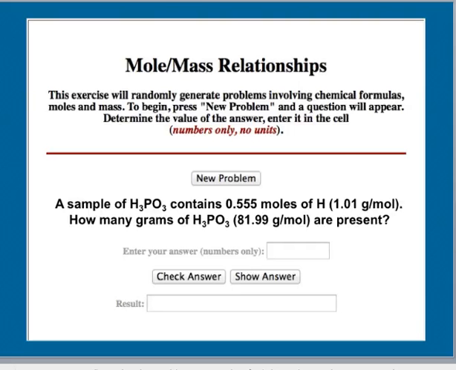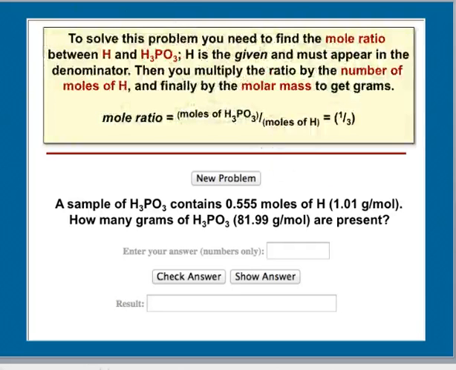All right, to do this, we need to do a mole ratio. Moles of phosphorus acid, moles of hydrogen. Moles of hydrogens are given, so it's in the denominator. We're 1 to 3. We're looking for grams.